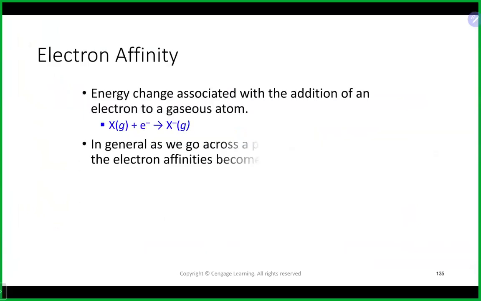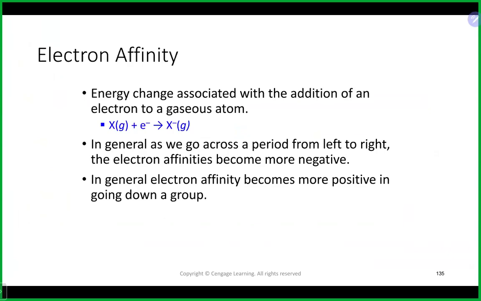Another important trend is electron affinity. Electron affinity is the energy change that occurs when an atom gains an electron. So ionization energy is the energy to remove an electron. We associate ionization energy with cation formation because atoms lose electrons and become positively charged.